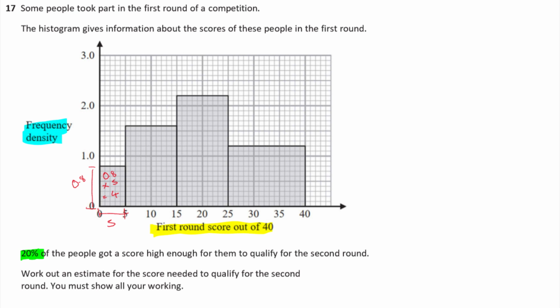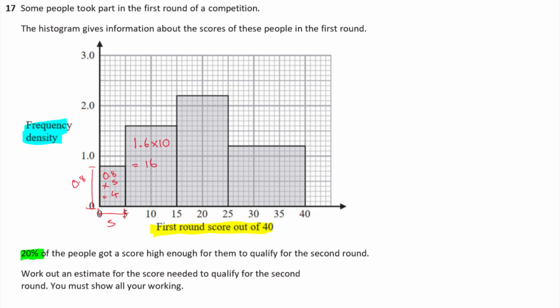Okay, so there are 4 people in that bar there. Now in the next bar along, the width is 10. The height this time is 1.6. So this is going to be 1.6 times 10. So this one is equal to 16.